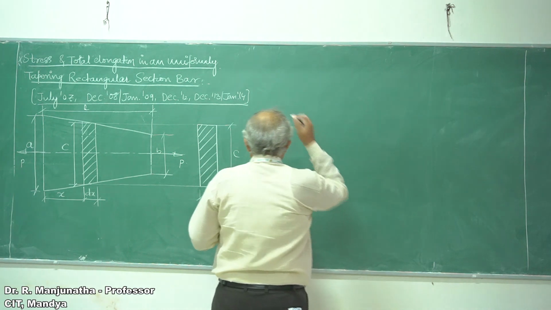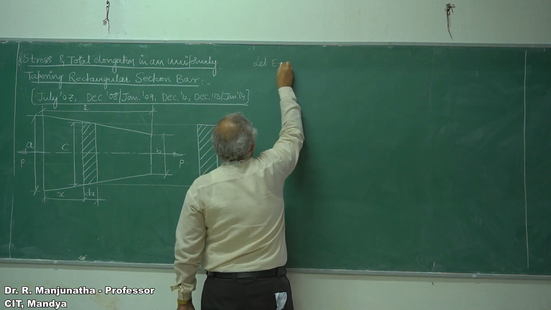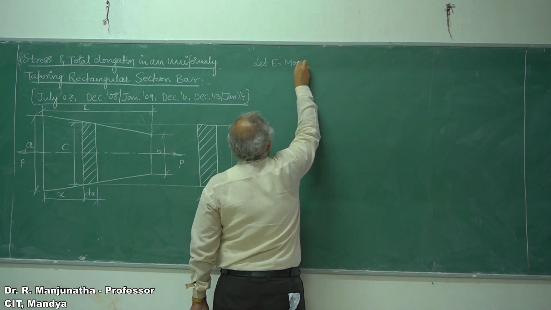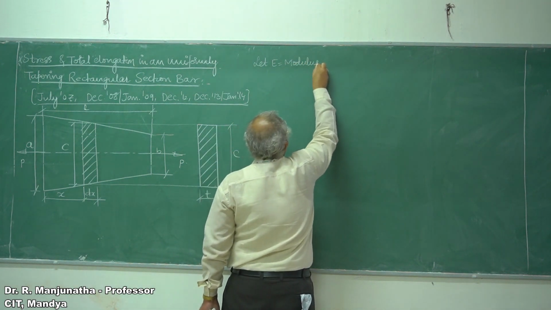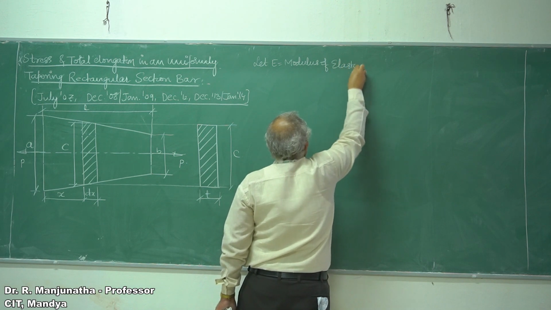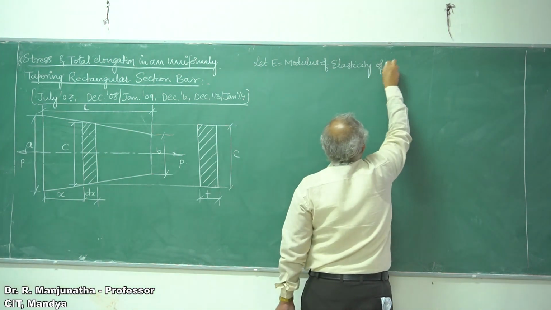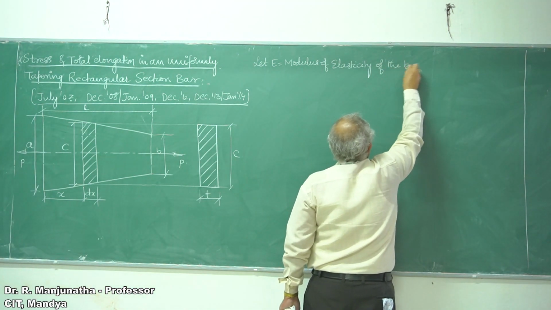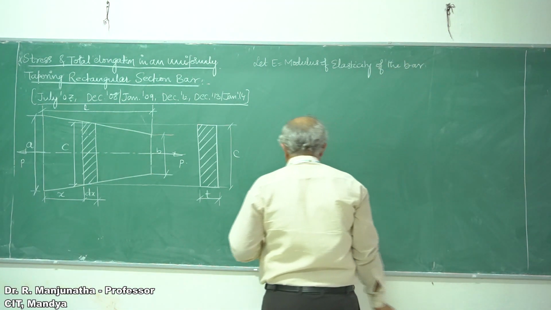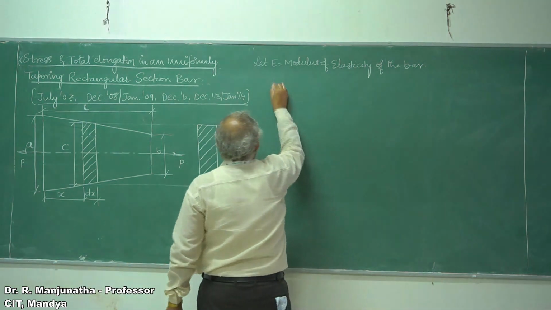Let E be the modulus of elasticity of the material of the bar. Then P will be the axial force applied.